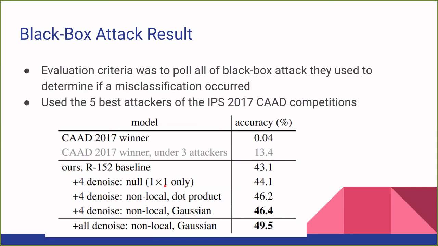But when we look at just the normalization block, it's only a slight 2% decrease compared to that, and the dot product was only a dip of 0.22% while having fewer parameters. They tried using a denoising block for all of the layers, and they found that it had an accuracy of 49.5%.